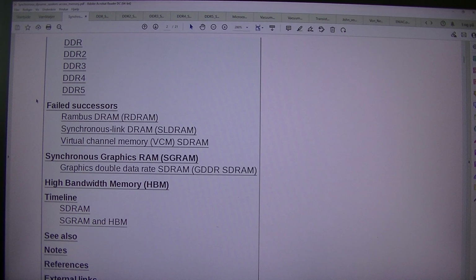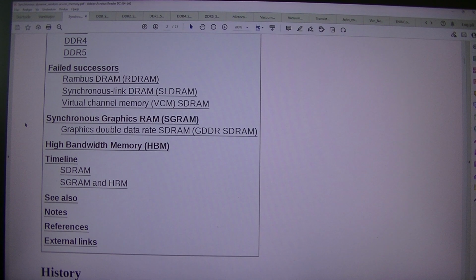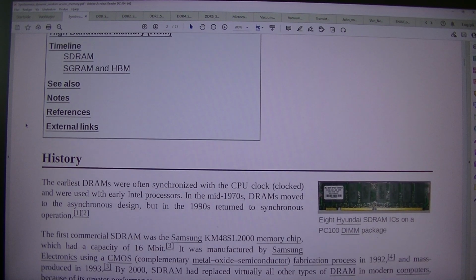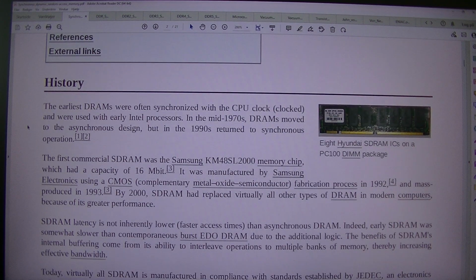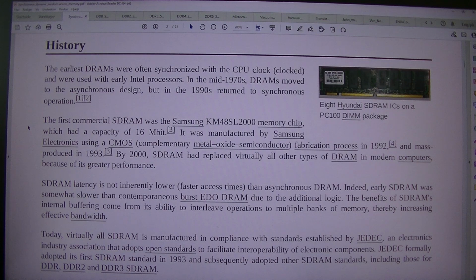Failed successors: Rambus DRAM, RDRAM, Synchronous Link DRAM, SLDRAM, Virtual Channel Memory, VCM SDRAM. Synchronous Graphics RAM, SGRAM. Graphics Double Data Rate SDRAM, GDDR SDRAM. High Bandwidth Memory, HBM. Timeline of SDRAM, SGRAM and HBM. See also. Notes. References. External links.